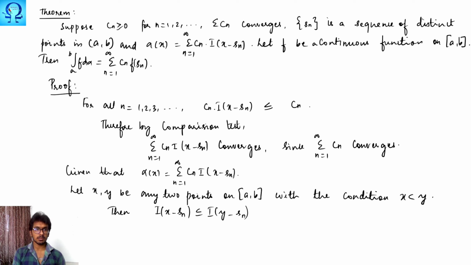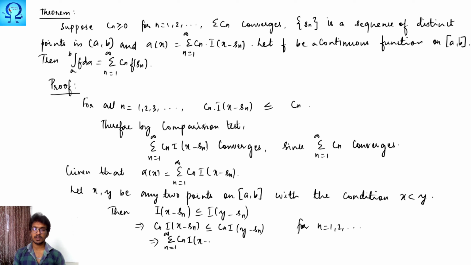So this is going to be the case. And we know Cn is some non-negative quantity. So when you multiply Cn with this, the inequality still remains the same. Okay, when the inequality holds for all the n values, we can sum it up and the inequality still remains the same. That is, summation n runs from 1 to infinity Cn I of x minus Sn is less than or equal to summation n runs from 1 to infinity Cn I of y minus Sn.